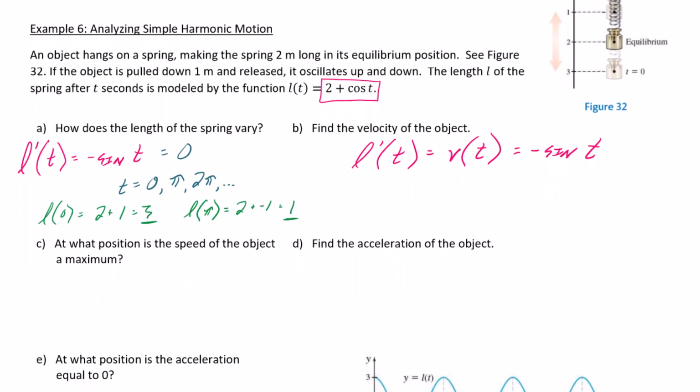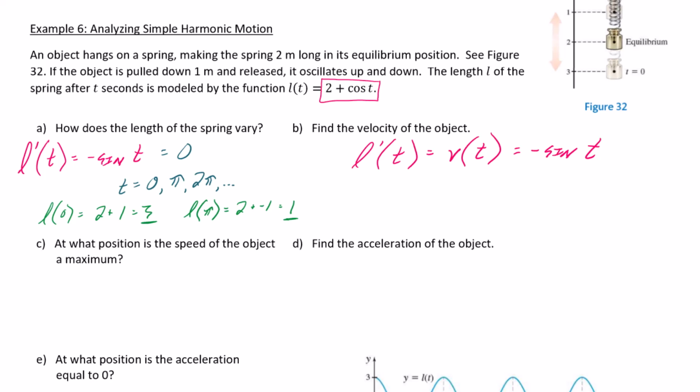So at what position is the speed of the object a maximum? I'm expecting it to be in the middle, but it should be at whatever time the velocity has its highest value. On the velocity graph, it would be at whatever high point, or technically low point, because speed as a concept would be positive. Even if it was coming down the page, we would still make it positive values.